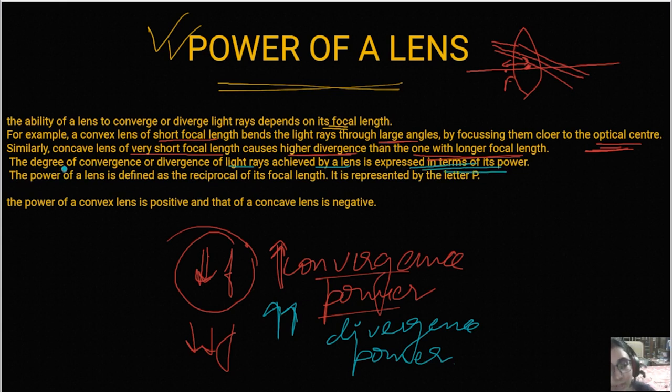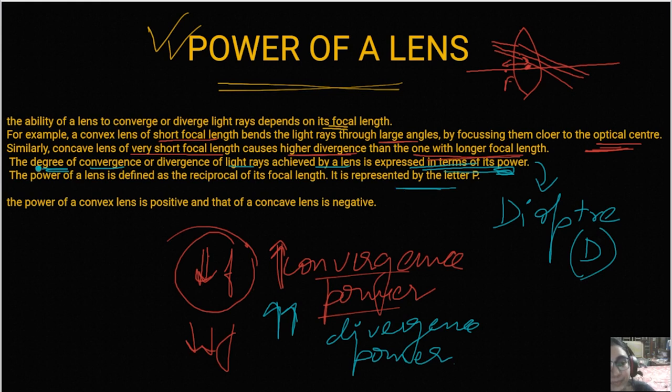So the extent to which you can bend the light rays, either converge them or diverge them, depends on the power of the lens. That is the definition of power. It is represented by the letter P, and its unit is diopter, or capital D.